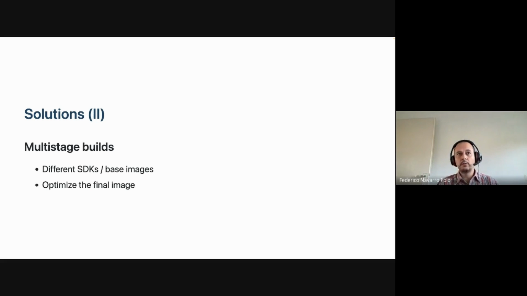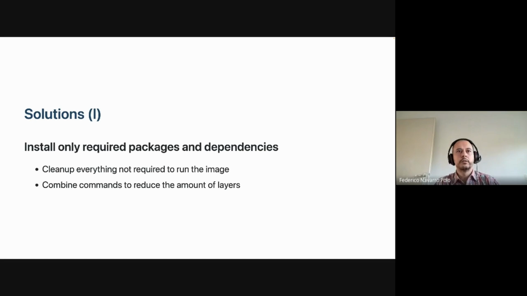And basically what you want to do is, if I go back again, I don't know why it's jumping. What you want to do is install only, or have a really clear overview of, what you need to run your image, your application, or your code.